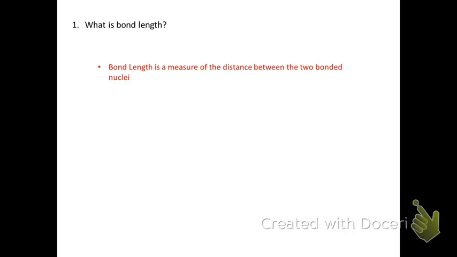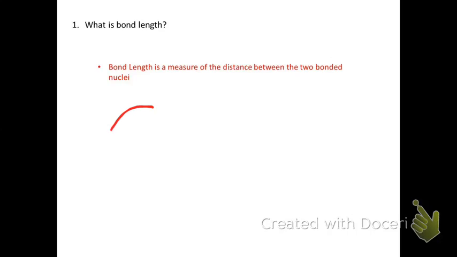Okay. So let's start out with discussing bond length. Below is a good definition of bond length that should go into your notes. The bond length is a measure of the distance between the two bonded nuclei. Let me draw a quick diagram for you.